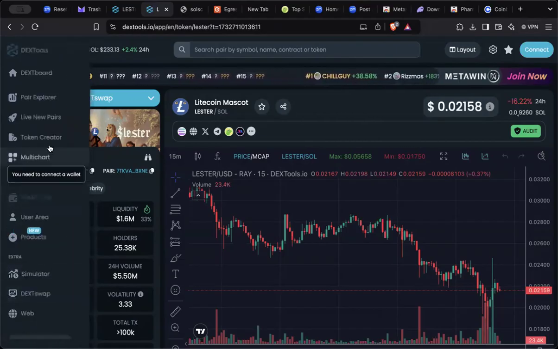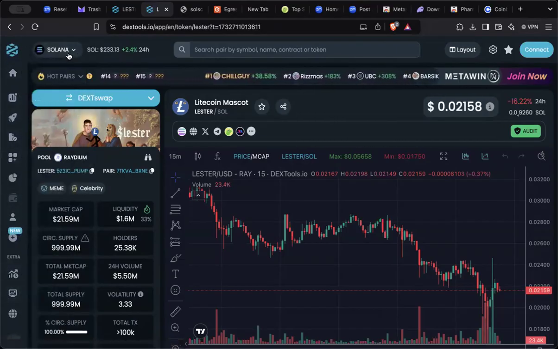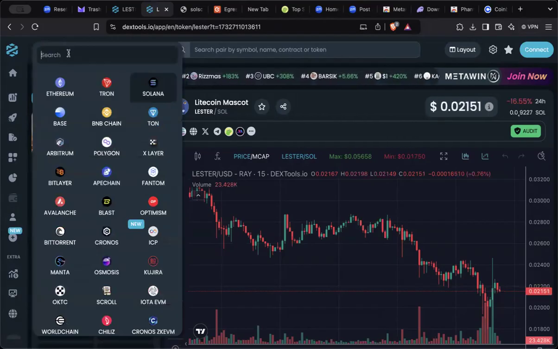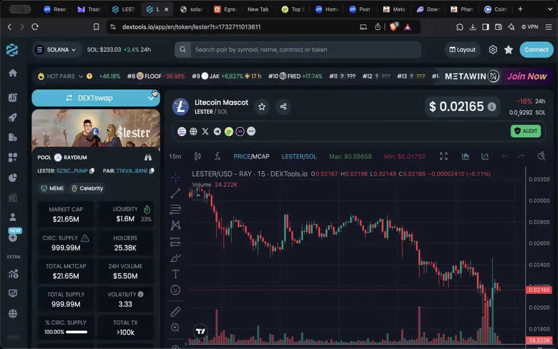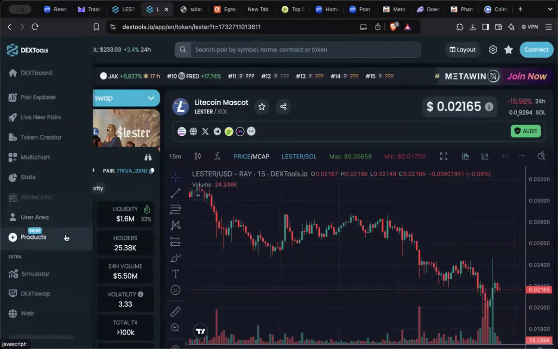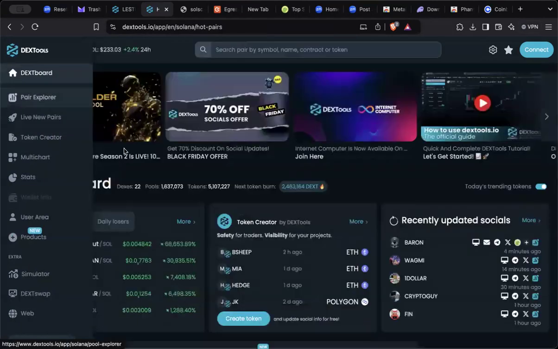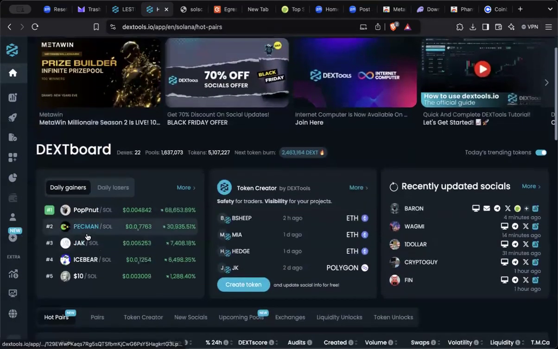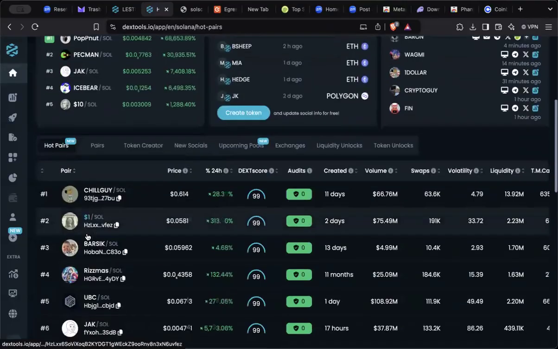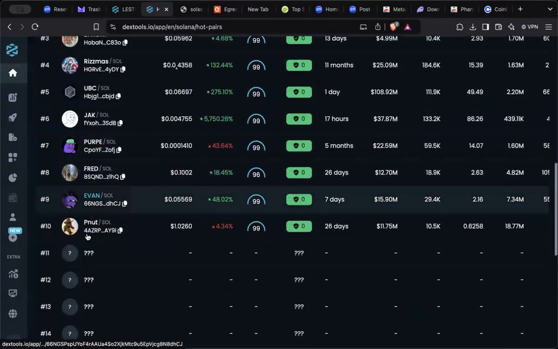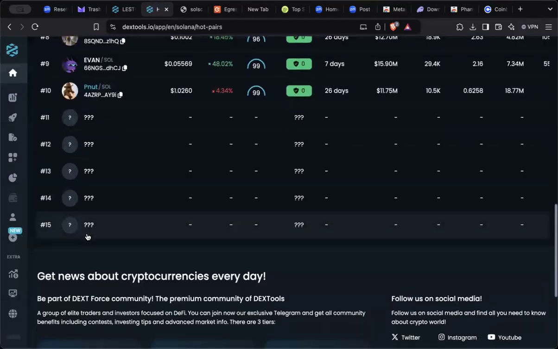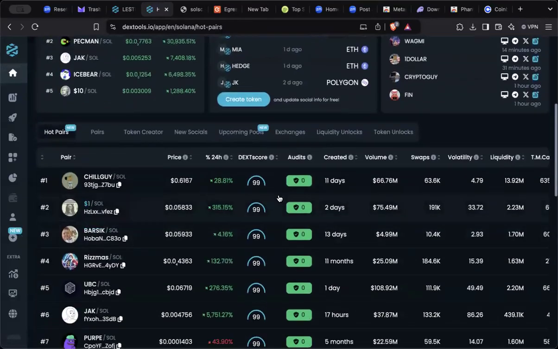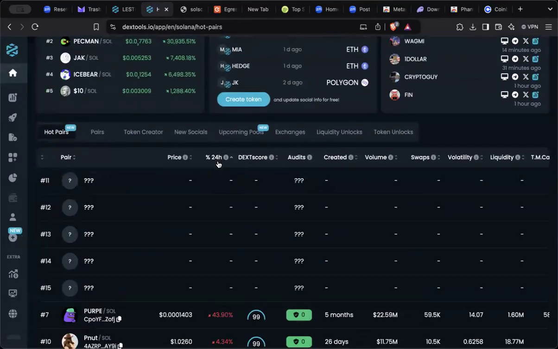On here, if you click the top, it will have all the different ecosystems. The ecosystem that you're going to be looking at is Solana. If you click on that and go to the main page, it will list all the different Solana meme coins within the last 24 hours.